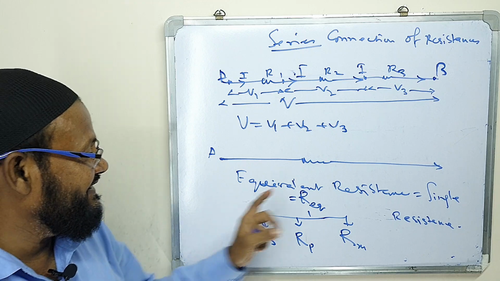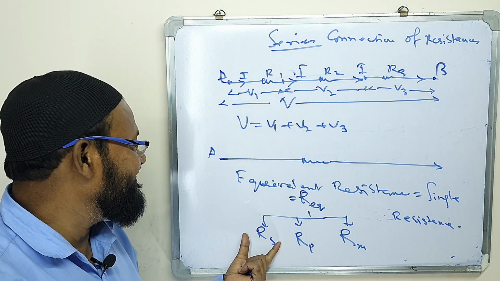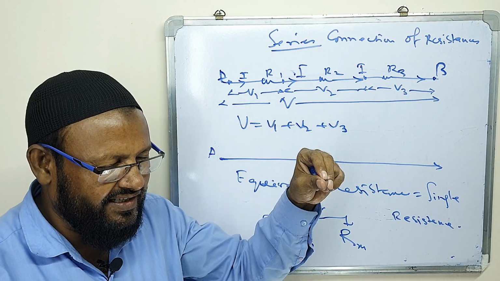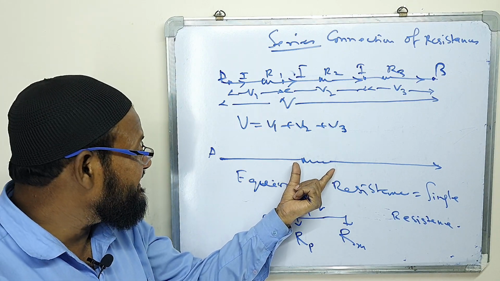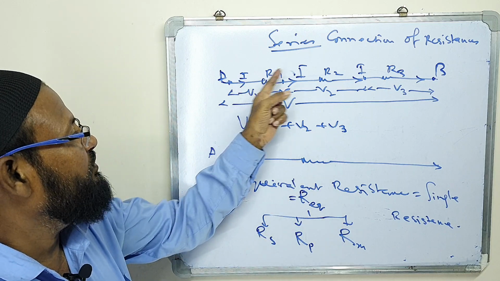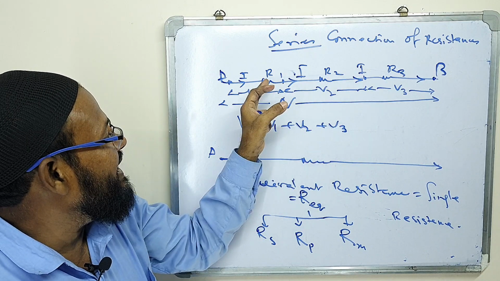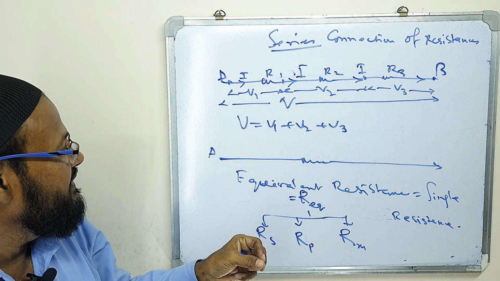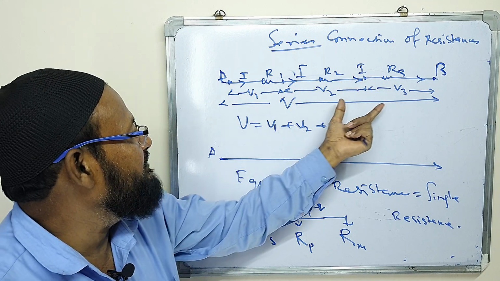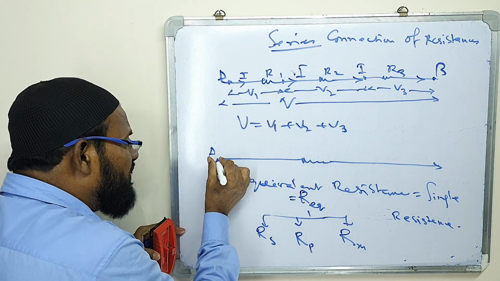First thing, this is a single resistance. Another important characteristic is that when this resistance is used, all three are not taken, but this resistance has the same effect as R1, R2 and R3 used together. When R1, R2, R3 are used together, we get the same current I and the same potential difference V, the same effect without changing.